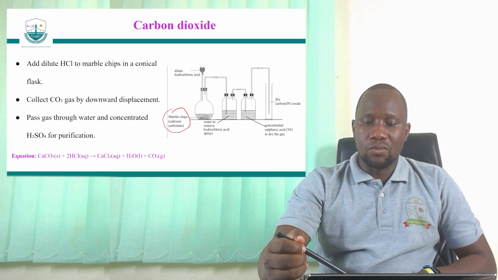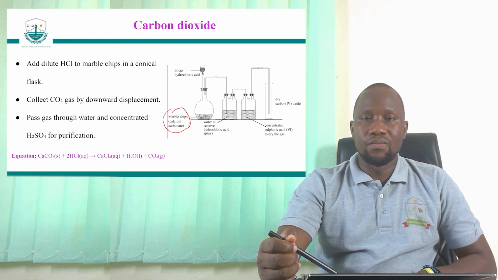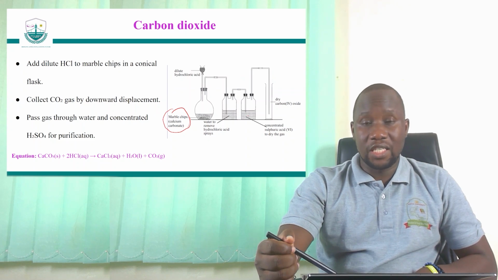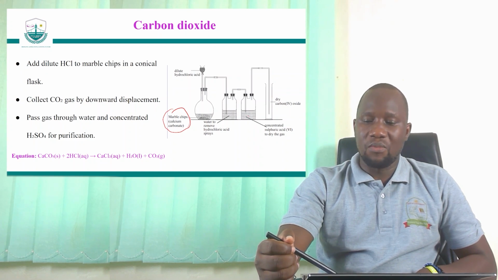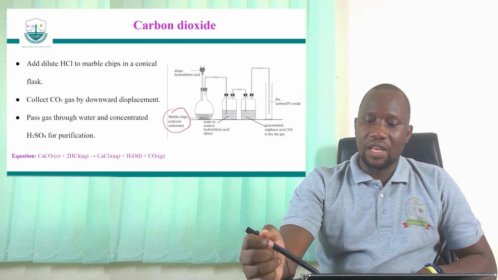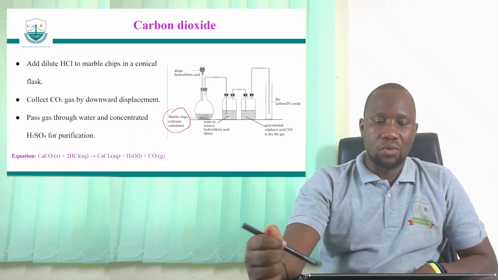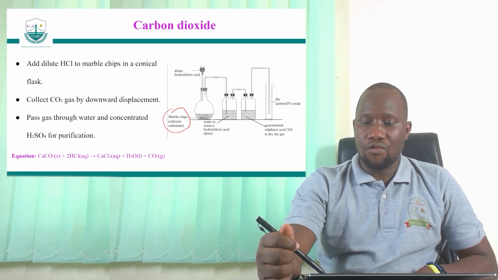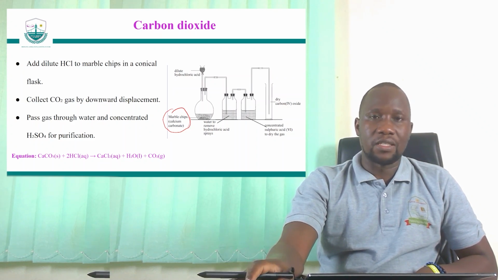Then it will pass into the second bottle of concentrated sulfuric acid to dry the gas, that means to remove the water, and then it will be collected here as dry carbon dioxide. This method of collection of the gas is what we call downward displacement.